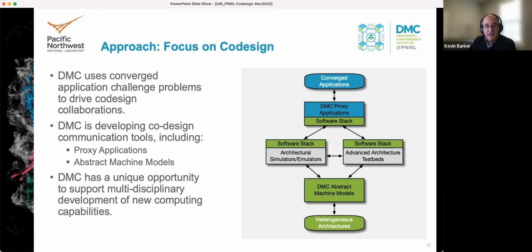So these abstract machine models can be boxology, they can be PowerPoint, or they could be simulations, or they can exist at different levels of abstraction. But the goal is to communicate the capabilities of these architectural designs to the application developers so that they can understand, okay, if I rework my algorithm in this way, I can make use of this feature.